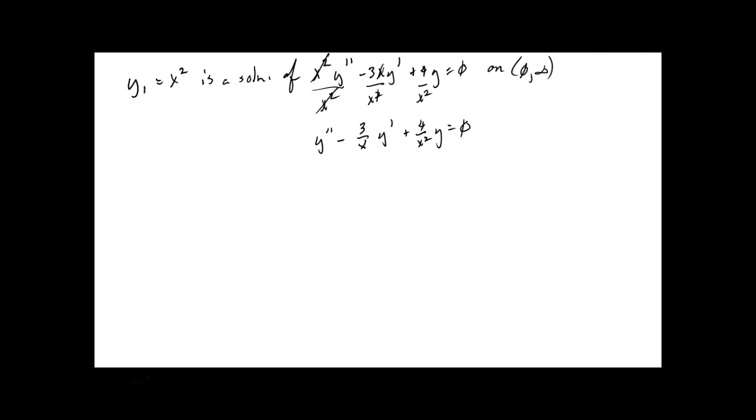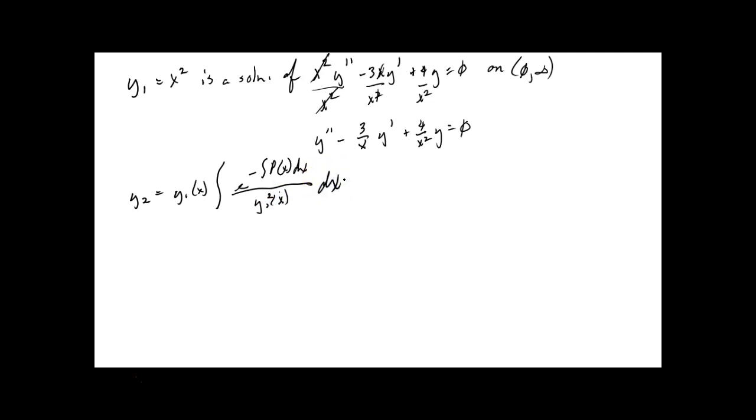All right. Now, if you go back up and look at the general case just above here, it says that our y2 should be y1 of x times the integral of e to the minus the integral of p of x dx, divided by, this is inside the bigger integral, y1 squared of x, dx.